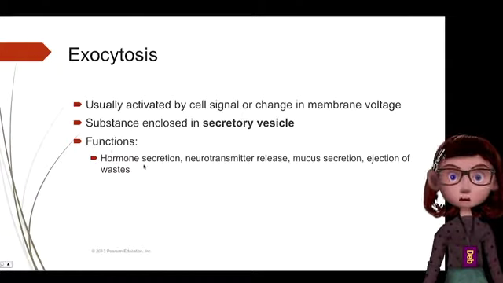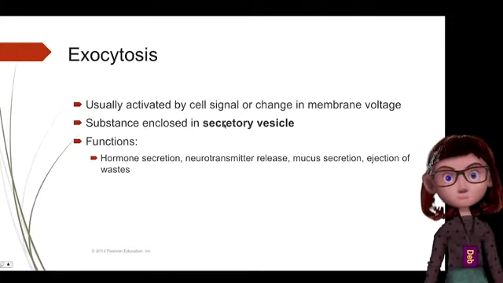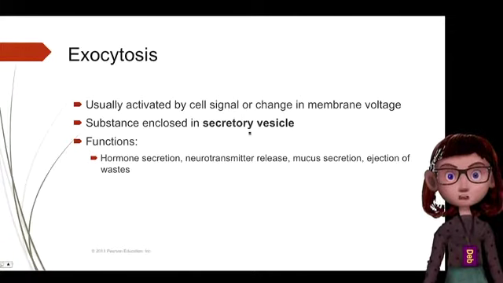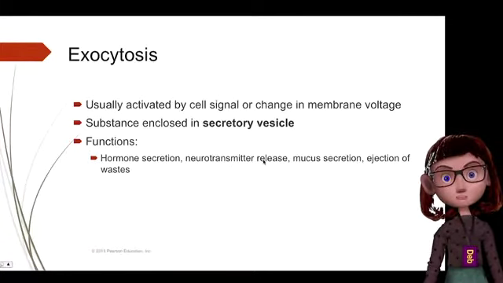So where do we find this specifically occurs? This would be with hormone secretion. Endocrine cells will produce and then secrete the hormone using the secretory vesicle. Neurotransmitter release as well.